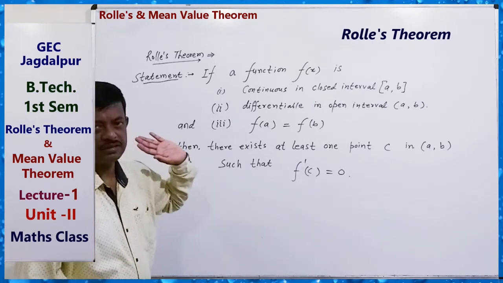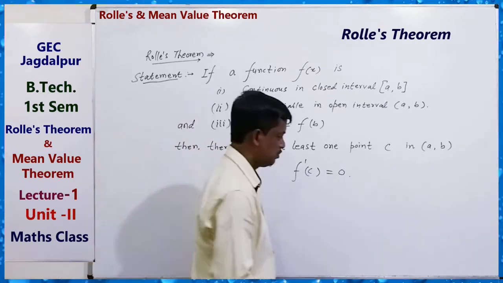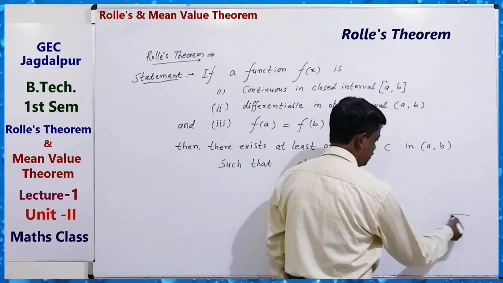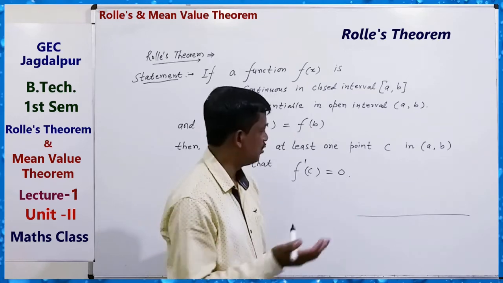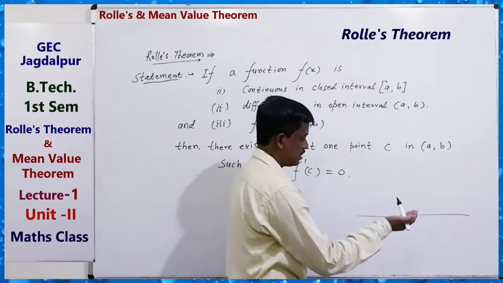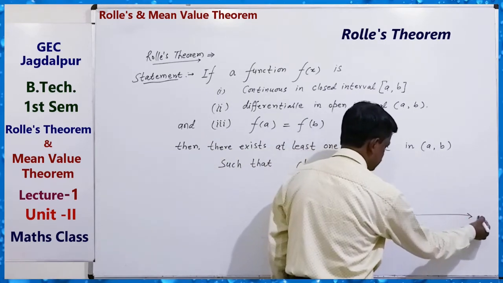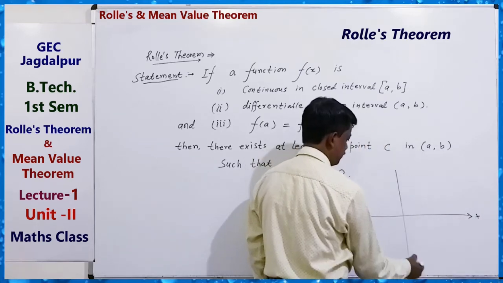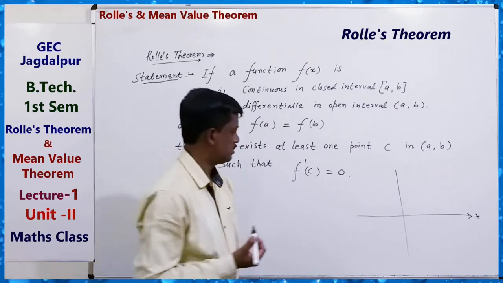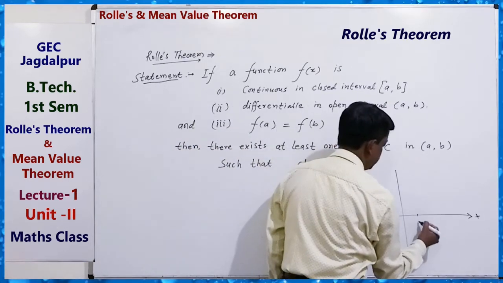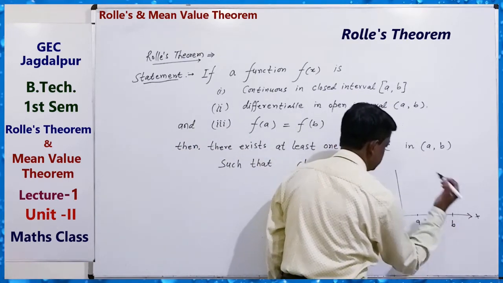What does the statement say? We have a function. Suppose on the x-axis, a and b are two points, here a, here b.